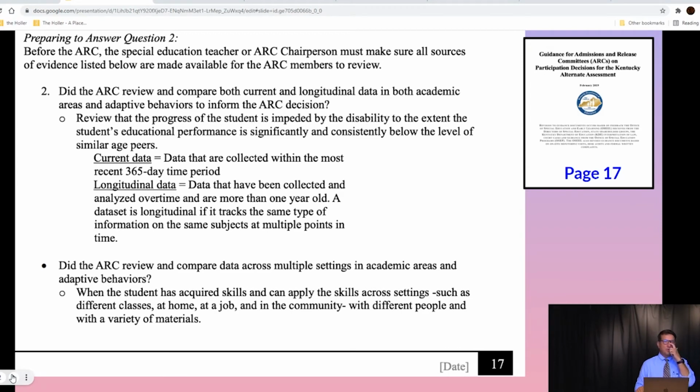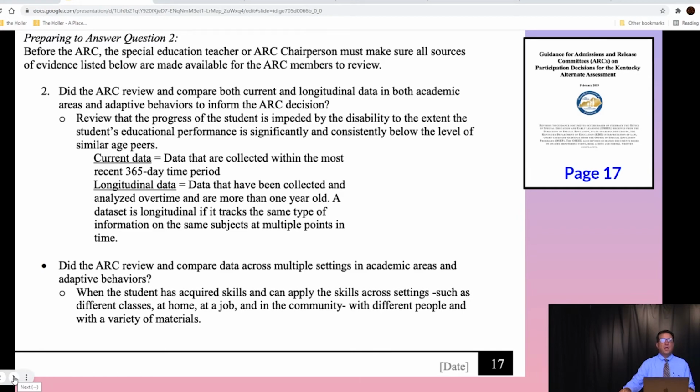Did the ARC review and compare data across multiple settings and academic areas and adaptive behaviors? When the student has acquired skills and can apply the skills across settings, such as different classes, at home, at job, and in the community with different people and with a variety of materials. If they can't do it everywhere, then it's not a skill that they have. And so we need to really think about longitudinally what they can do and what they can do currently.